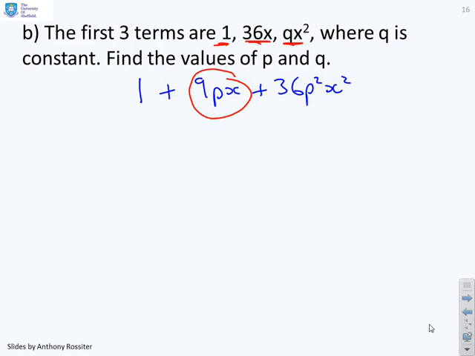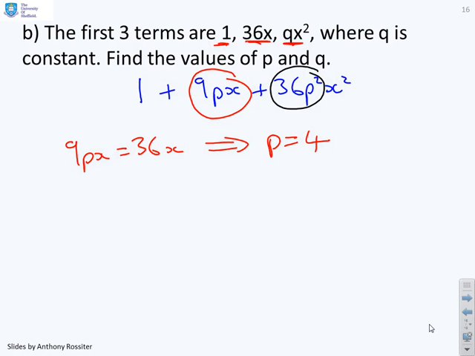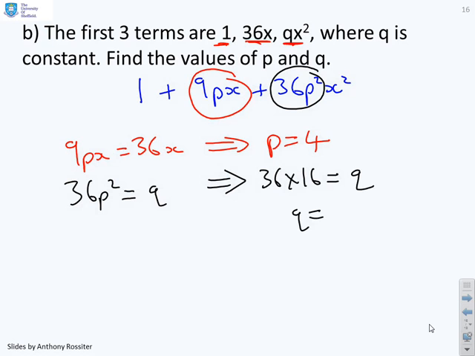So what we've been told is 9px = 36x, which tells me that p must be equal to 4. You've also been told that 36p^2 = q. So that tells you that 36 times 16 = q, or q = 576.